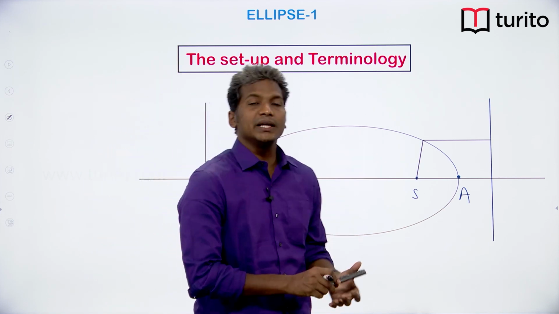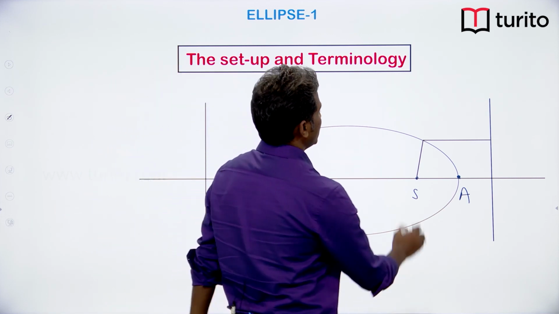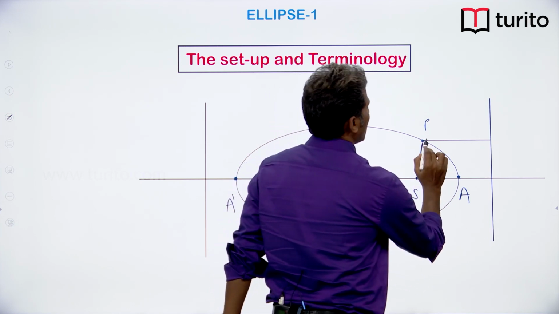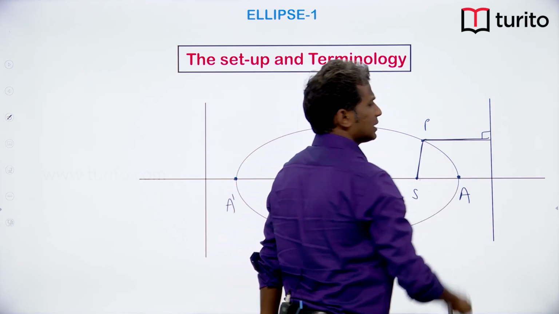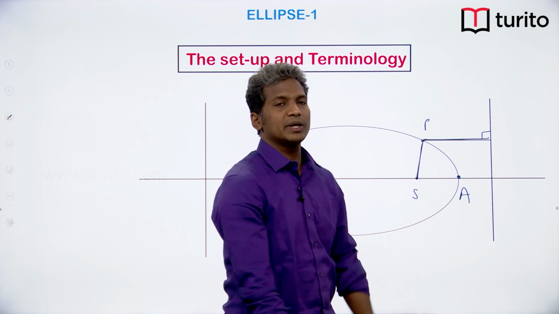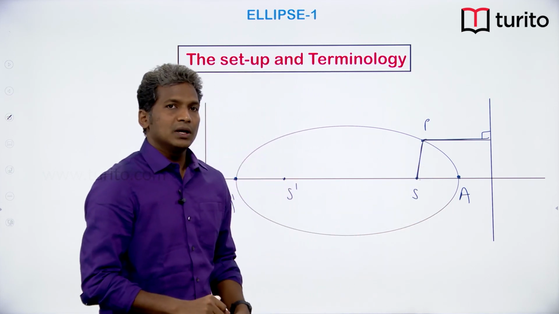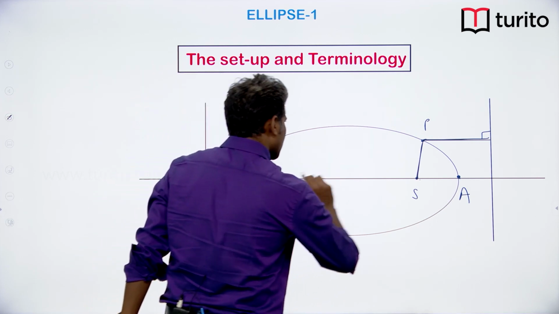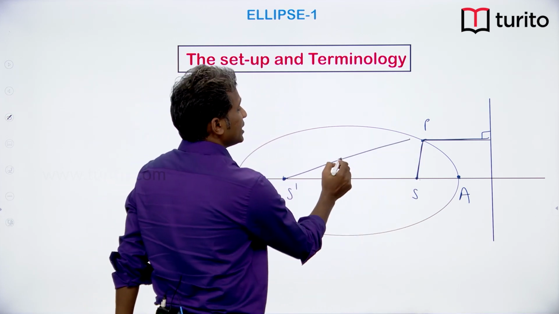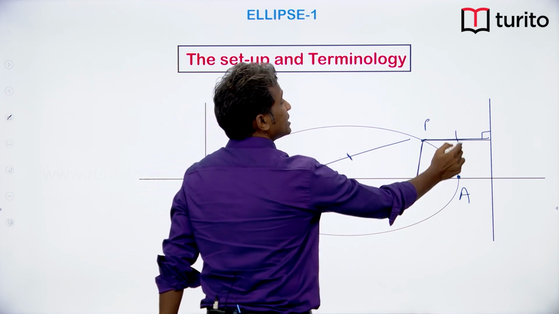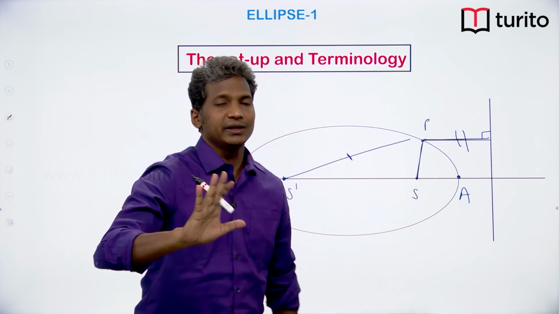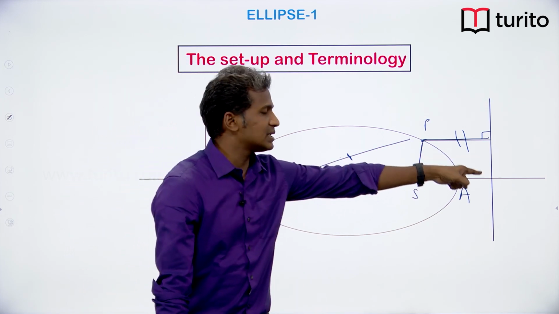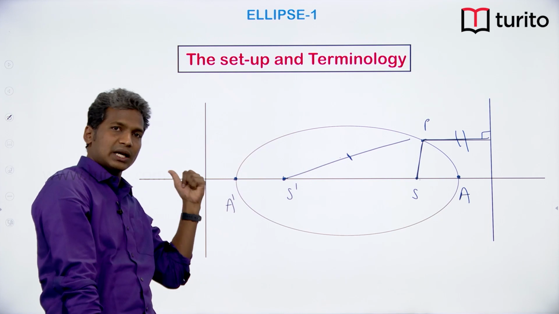Now, when we are applying the definition of ellipse, so let us say I am taking distance of P from this focus and distance of P from this directrix, the ratio of these two must be equal to E. Now, suppose you take the distance of P from the S dash and take the ratio of this distance to this distance, then it will not be E. You have to follow the rule that this focus has this directrix and this focus has this directrix.